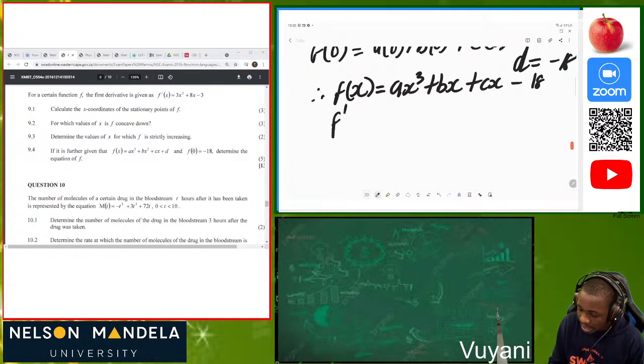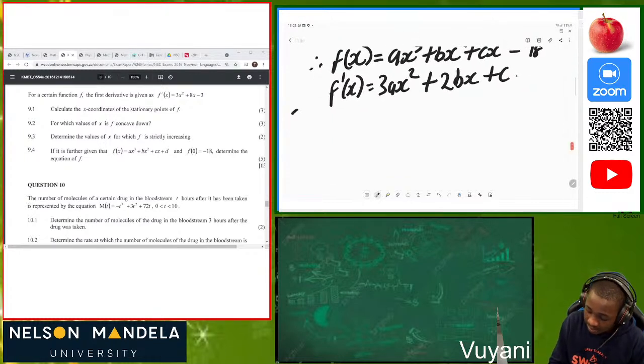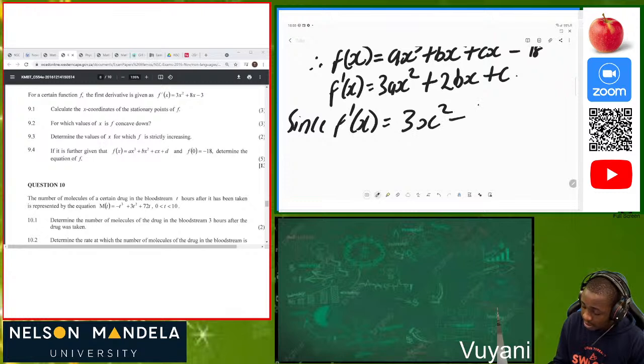The f prime of x will be equal to 3ax squared plus 2bx plus c. Since f prime of x is equal to 3x squared plus 8x minus 3.